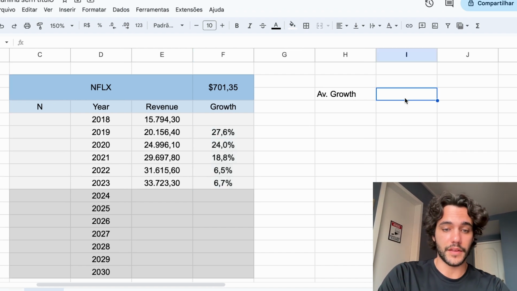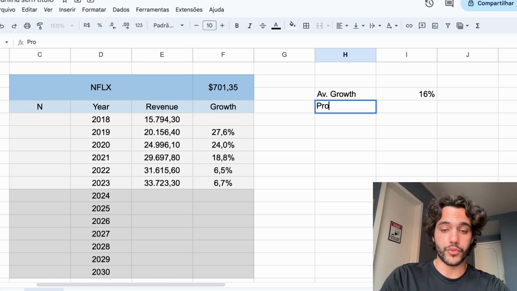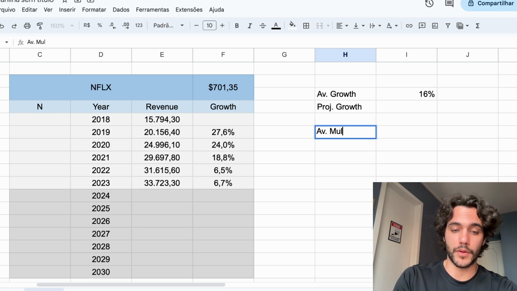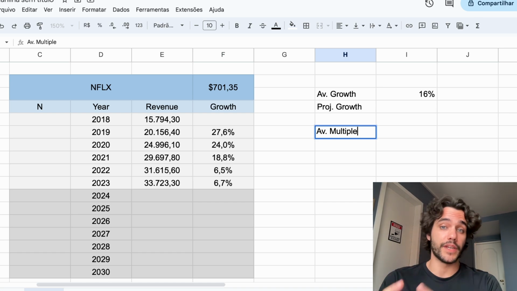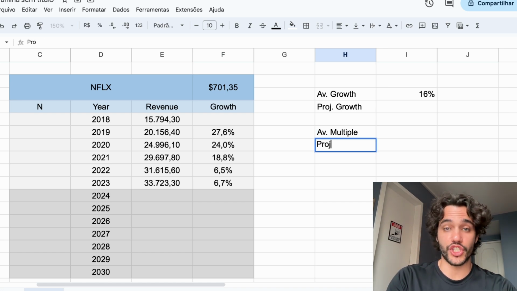Let's write this down, 16%. Now let's create our projected growth cell here. And now our average multiple cell. Remember I told you companies are traded through multiples. Now let's create our projected multiple cell too.